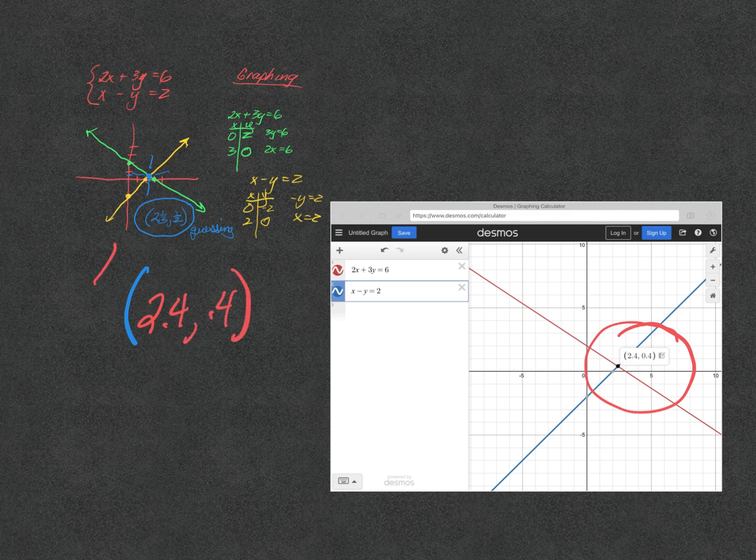So when you do a hand graph, you often estimate, but if you can use a grapher like a graphing calculator or Desmos, which you can get at desmos.com, and it's also an app for your phone, you can use it to graph lines and then look for where they intersect for solutions. So this is how the graphing method works.